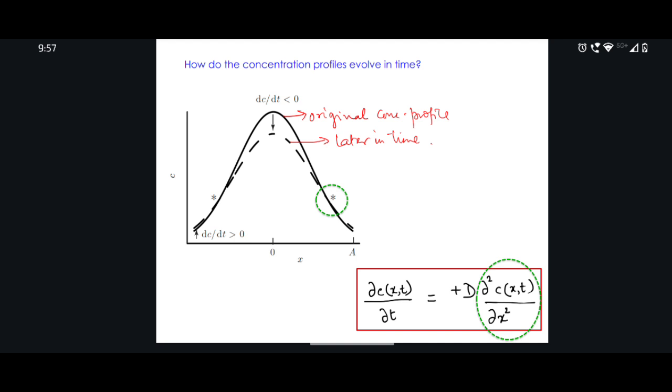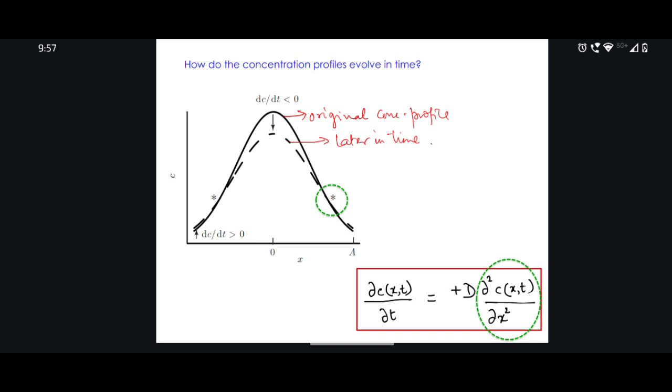And it assumes a bell-shaped curve. Let's assume it's a normal distribution of those concentrations. How is that concentration gradient going to evolve over time? That is something we will pick up a few more problems on, based on this idea. How is it going to change in time?